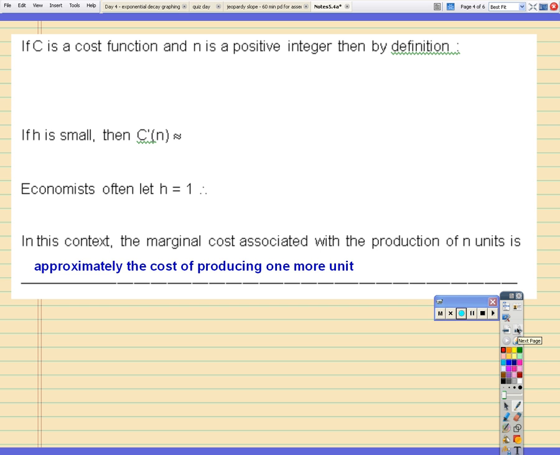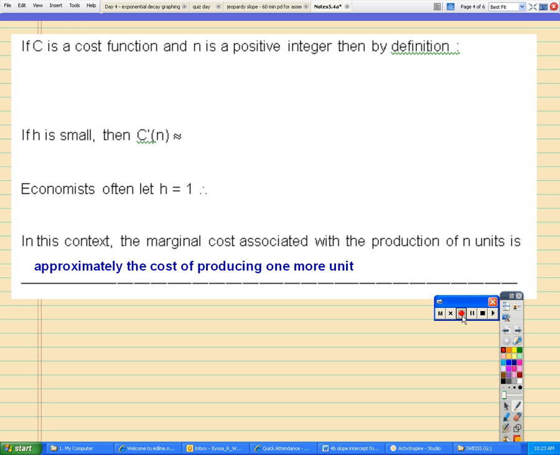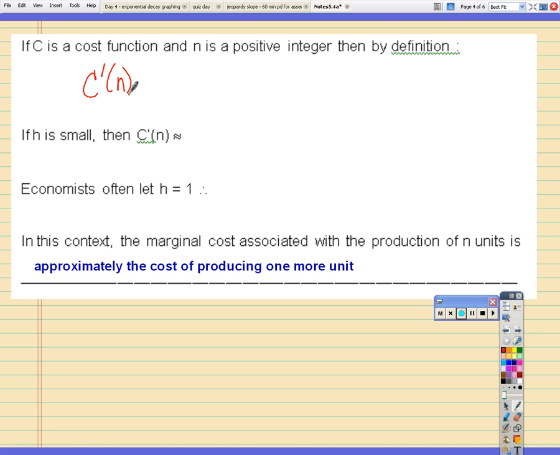So we're going to use our definition of the derivative, thinking about limits again. So the derivative of the cost is the limit as h approaches 0 of the cost function of Q plus h, minus the cost function, all over h.